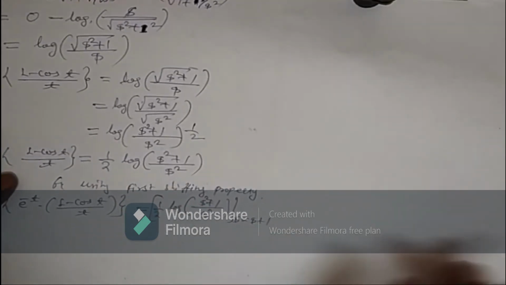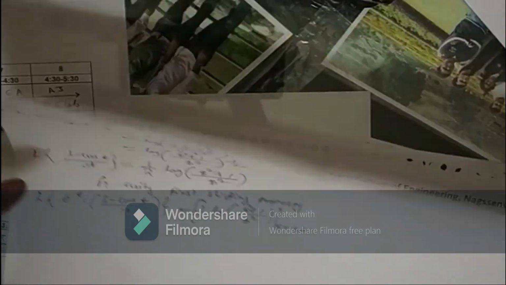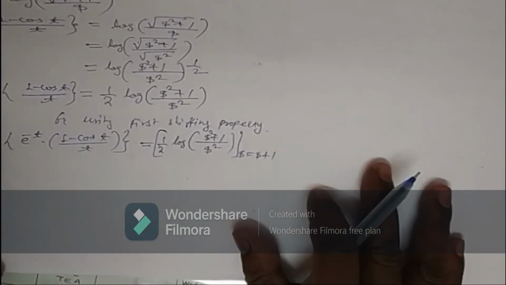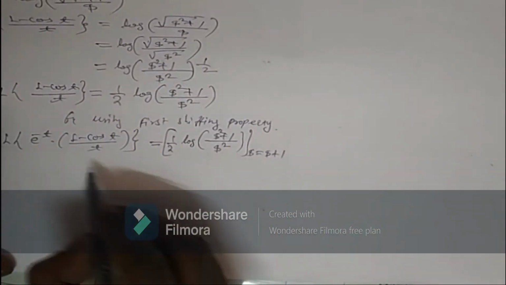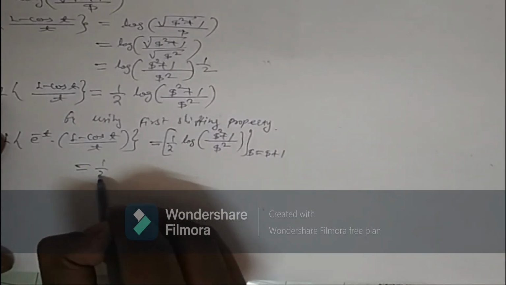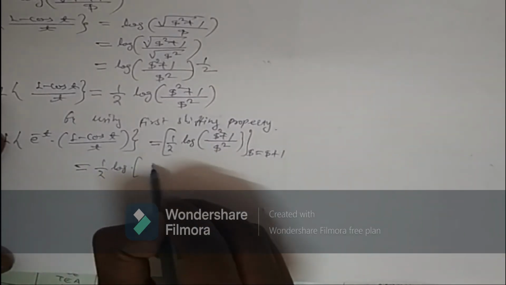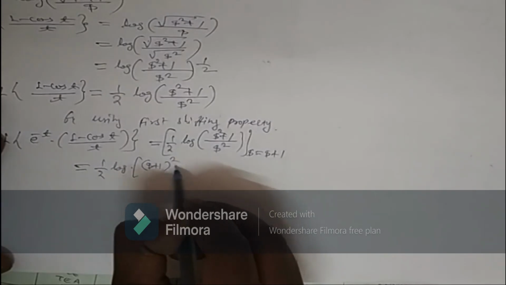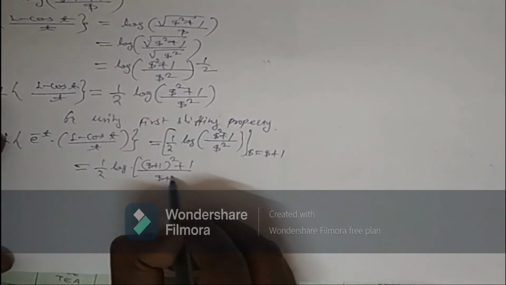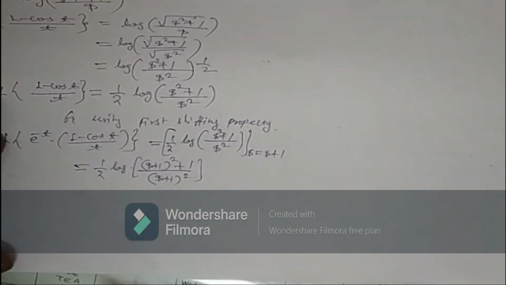So put that value, what do we get here? That is equal to 1 by 2 log of (s plus 1) square plus 1 upon (s plus 1) square.